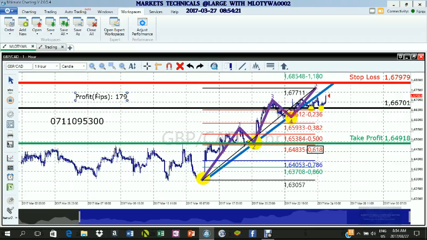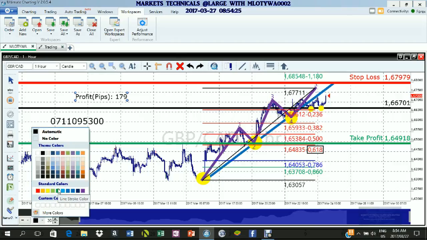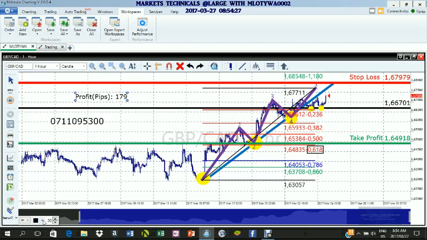That is our profit for this trade. For this trade, the profit is 179 pips.